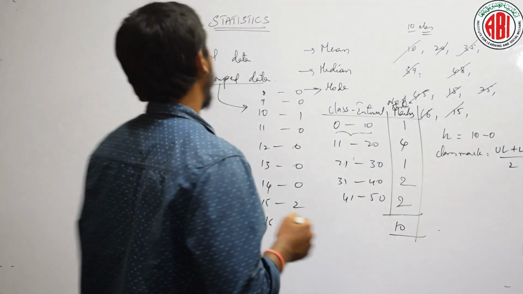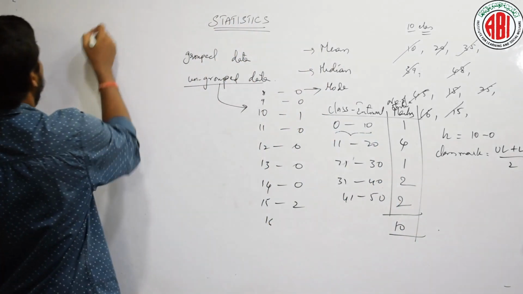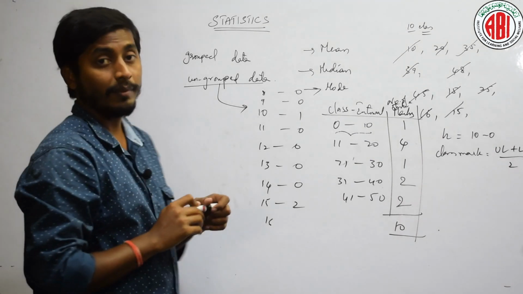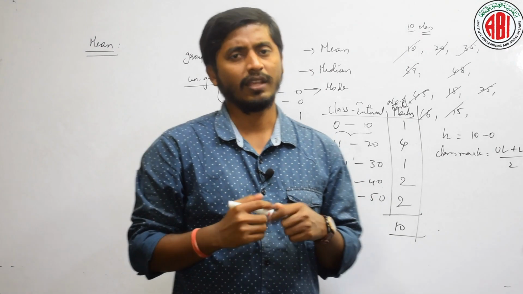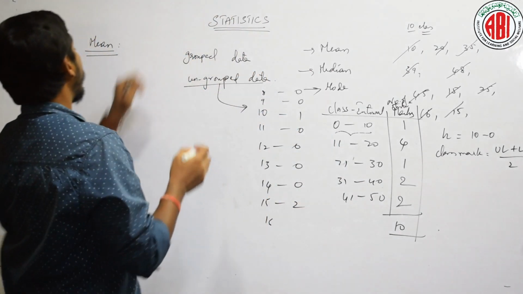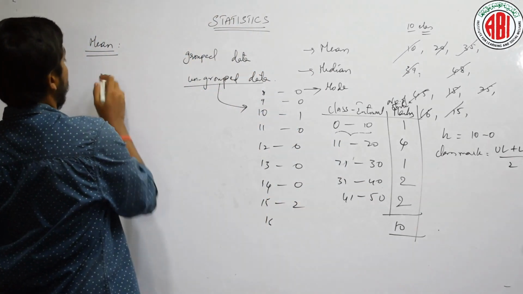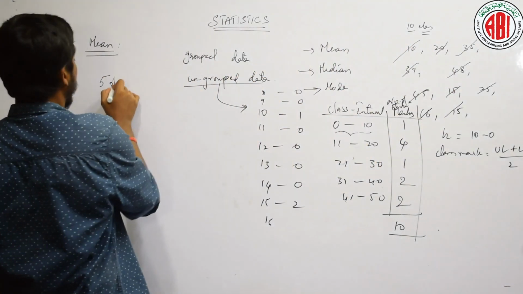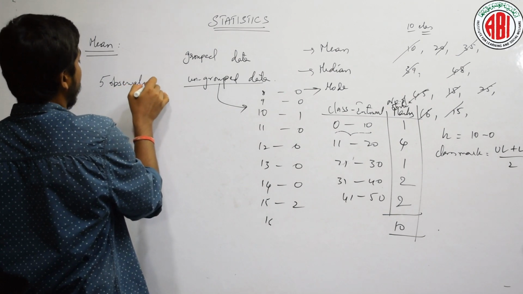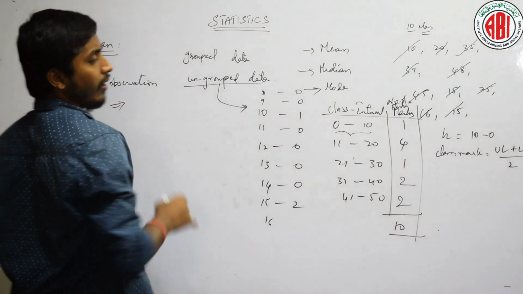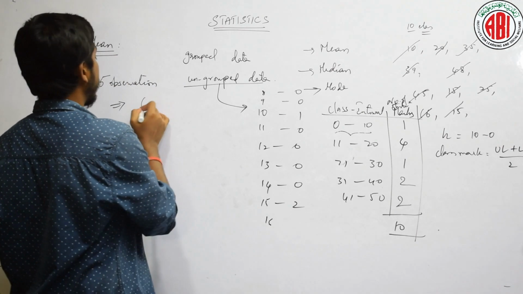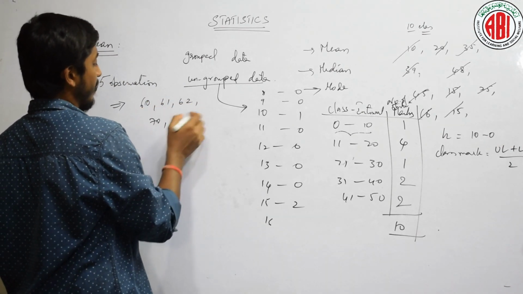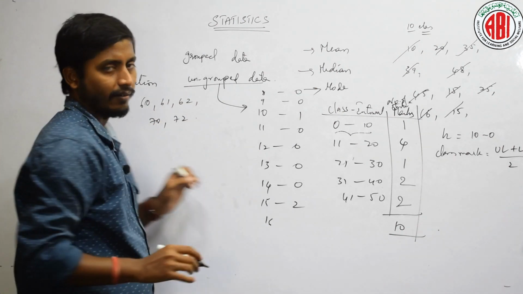When we discuss about mean, a mean is actually defined as a simple average. Mean or arithmetic mean or average, everything is same. That is, for example, if I have 5 observations, each and every term is called as observation. Remember, 5 observations, what are they? Let us assume the marks. Okay. What the marks I got is 60, 61, 62, some 70, or else some 72, like that.